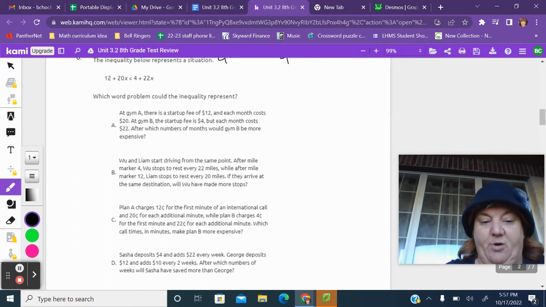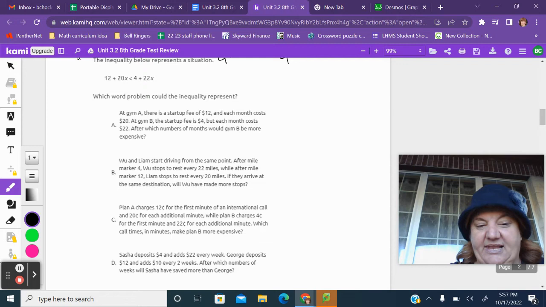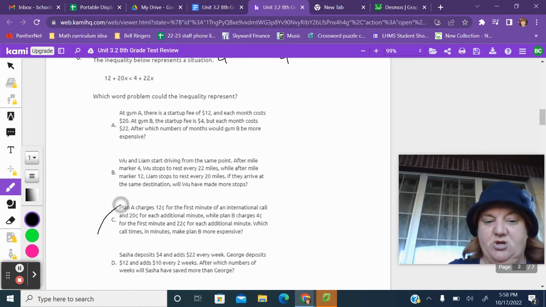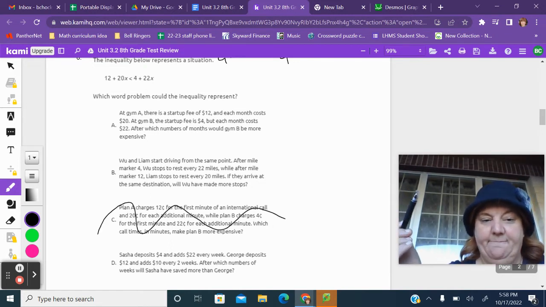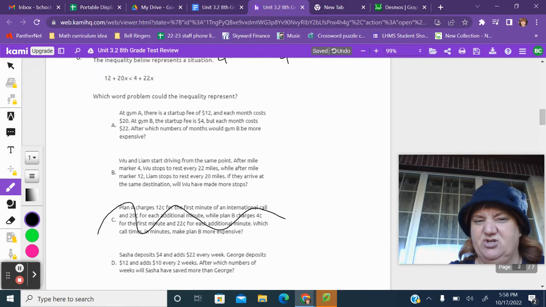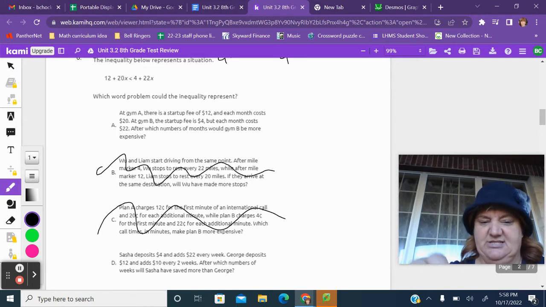If you read through them all, some of them stand out. See how that has 12 cents and 20 cents? That would have to say 0.20, and it's or 0.12, and it doesn't say 0.12. So you can get rid of that one right away. Woo, after a 4-mile marker, Woo stops to rest every 22 miles. What does stopping to rest have to do with plus 22? This one's easy to do.